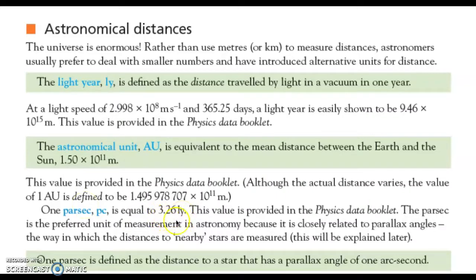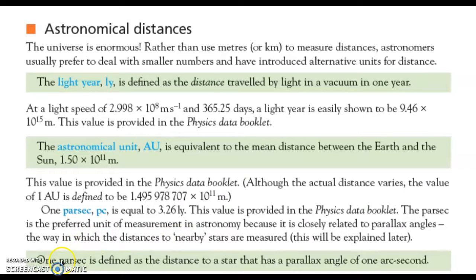So 3.26 times 9.46 times 10 to the 15 meters. Now, we'll be looking at its definition a little bit later, but the parsec is the preferred unit of measurement in astronomy because it's related to something called a parallax angle. Okay, and it's the way that we measure nearby stars and how far they are, right? So the parsec is very much related to measuring distances to stars.